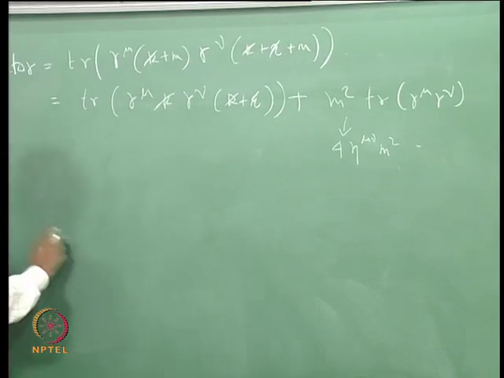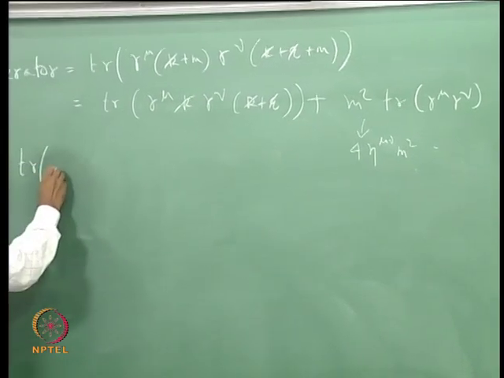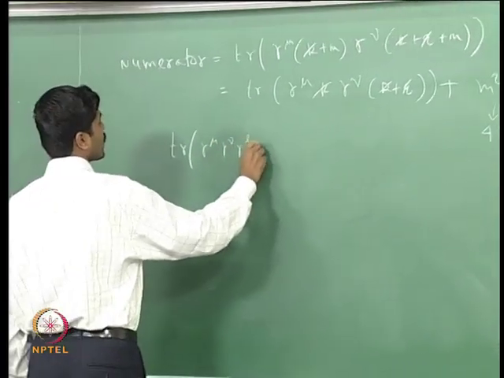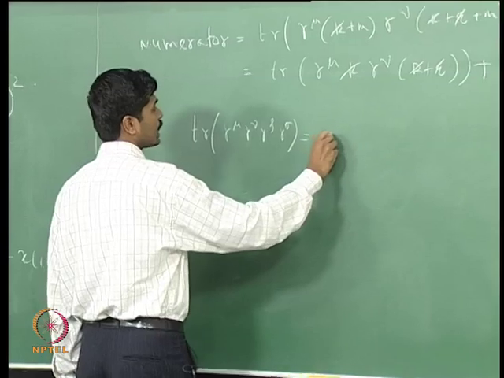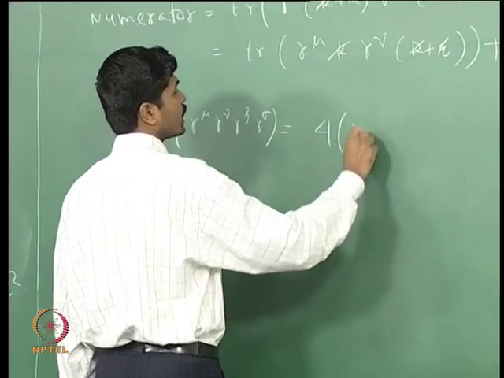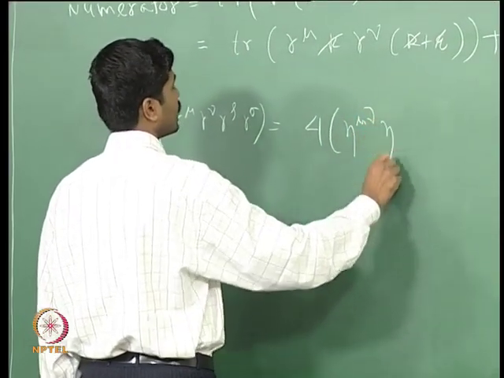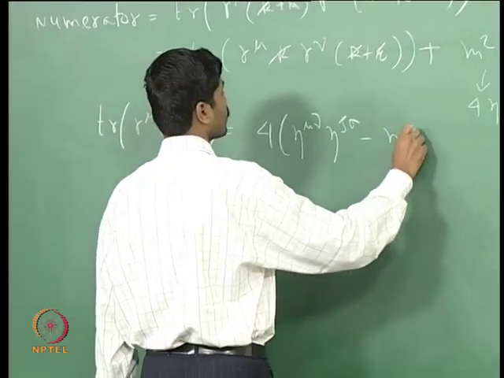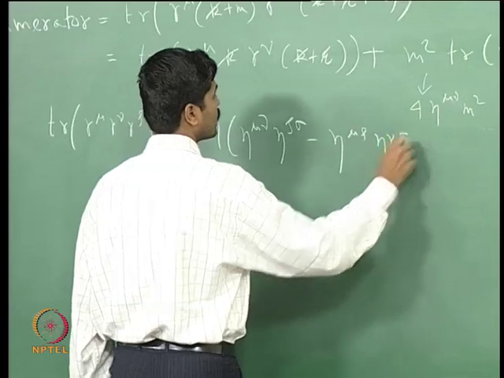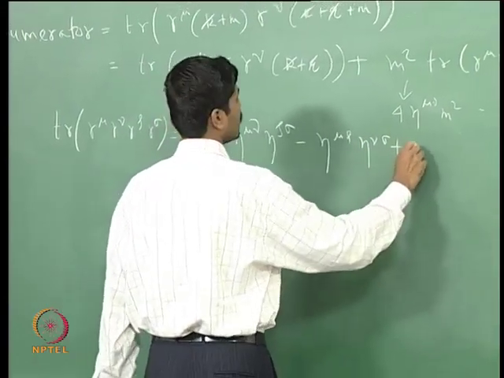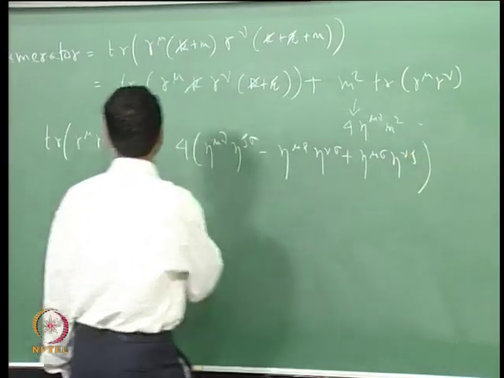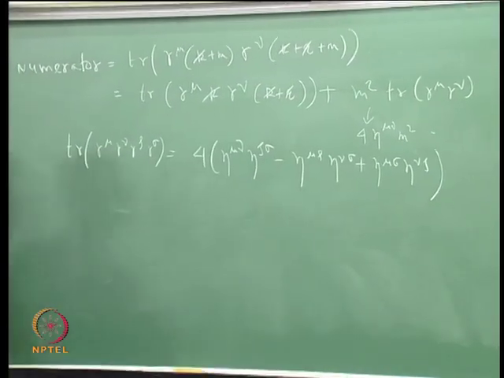We know what the trace of 4 gamma matrices is. So, you have trace of gamma mu, gamma nu, gamma rho, gamma sigma is basically given by 4 times eta mu nu eta rho sigma minus eta mu rho eta nu sigma plus eta mu sigma eta nu rho. So, this is what we already know.